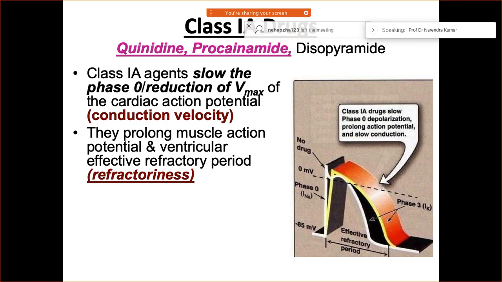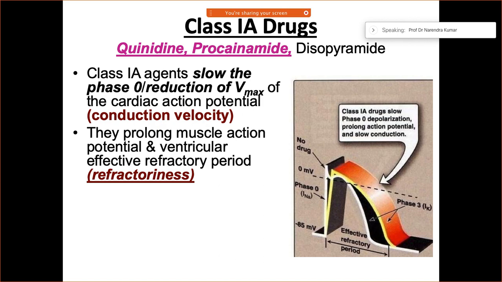As I already said about the group 1A drugs, they increase the APD, the action potential duration, or even the effective refractory period. However, 1B causes a reduction in the action potential duration or in the ERP as well.